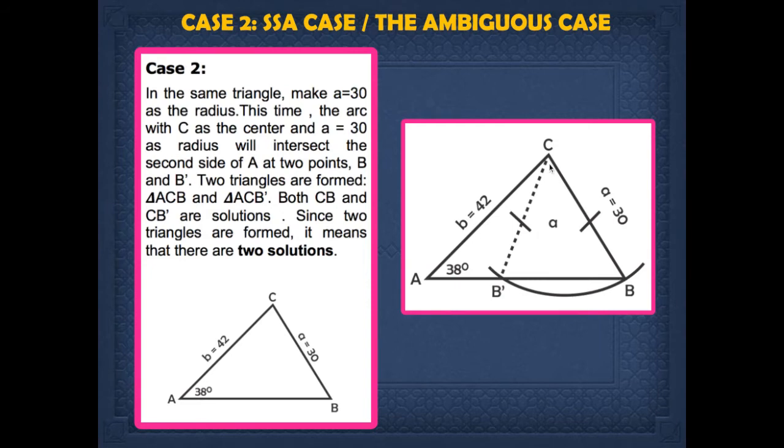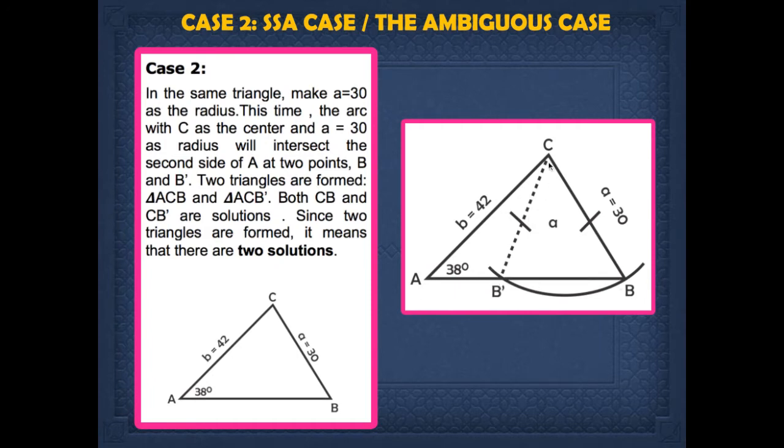Okay, so the points of intersection here are points B and B prime. This radius intersected the second side of A at points B and B prime.